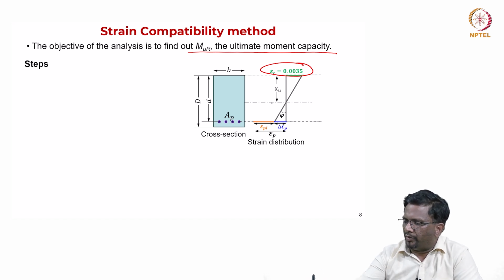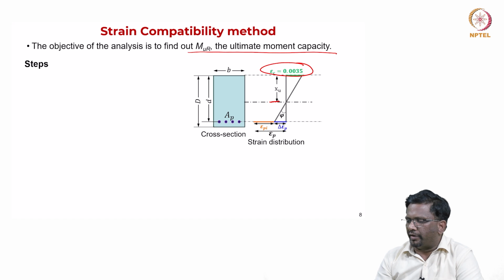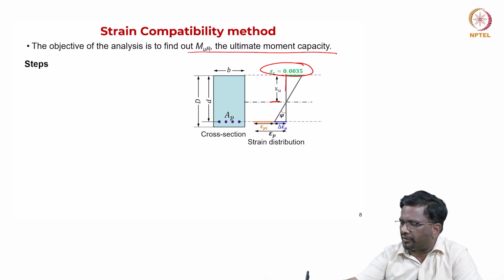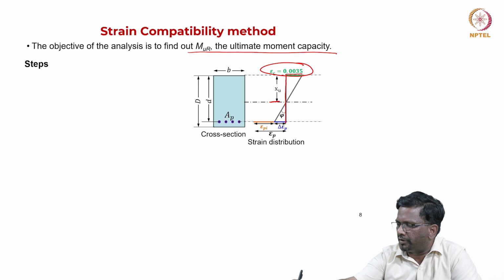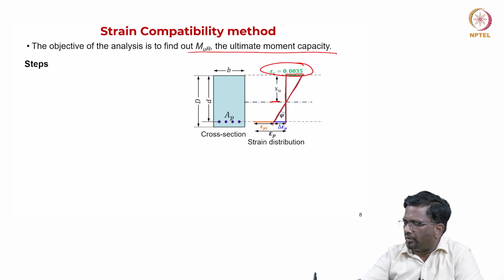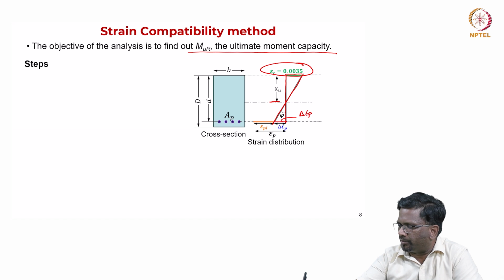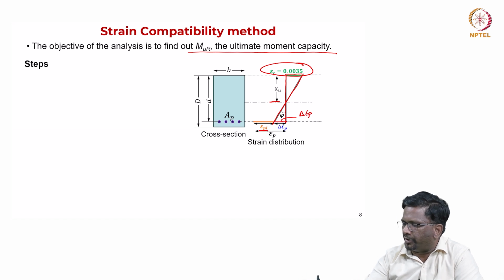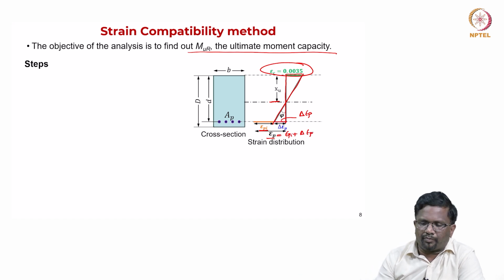Again, we do not know what is the XU, so we have to find that XU. Once XU is fixed, you are basically fixing this strain distribution, right. Then using similar triangles, I will be able to get my delta epsilon p, and I know epsilon pi, and epsilon p will be the summation of epsilon pi plus delta epsilon p.